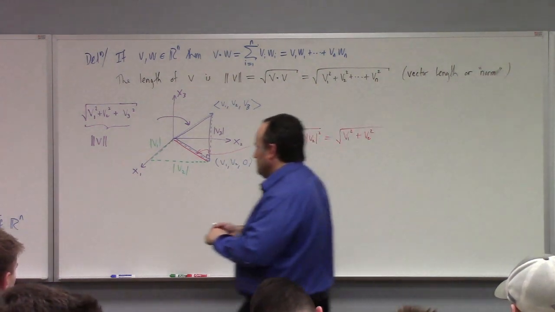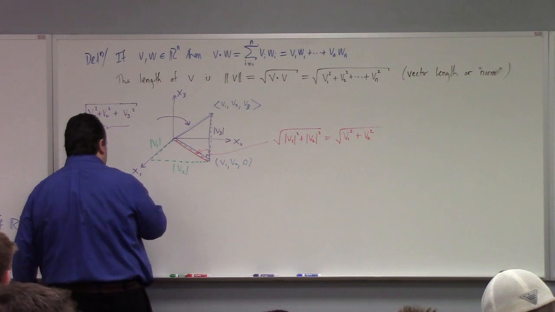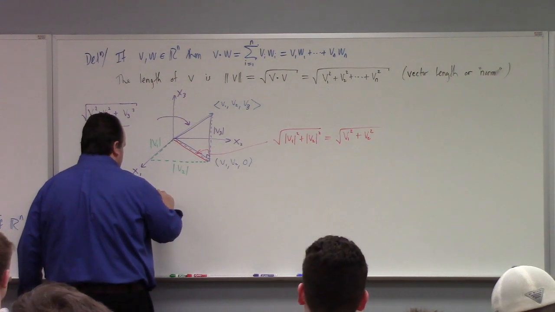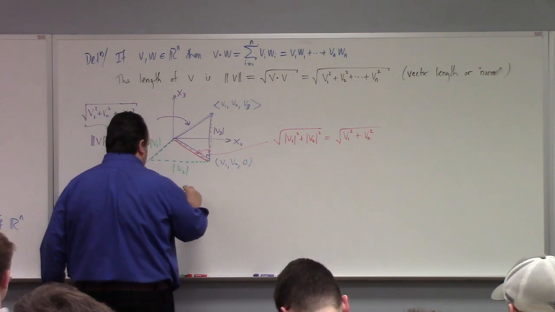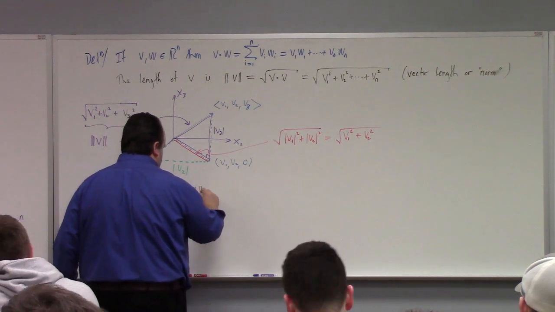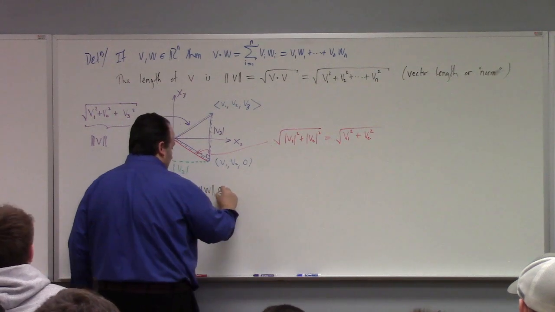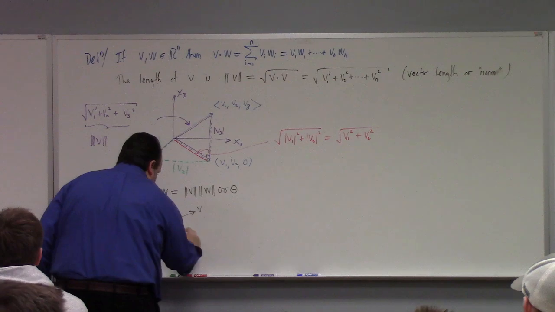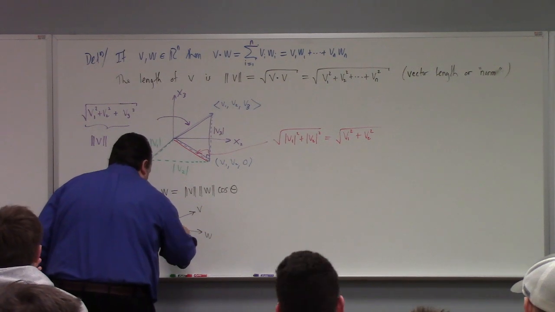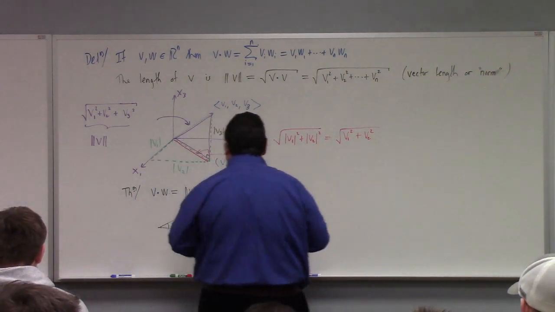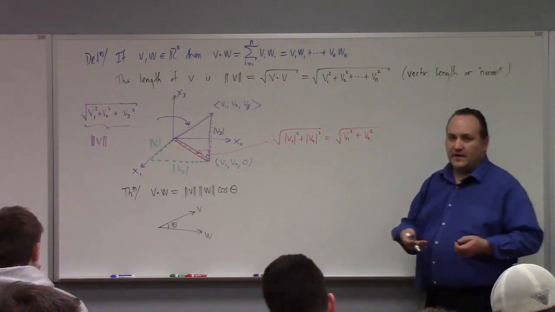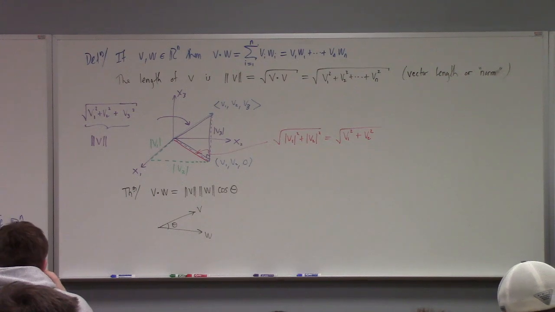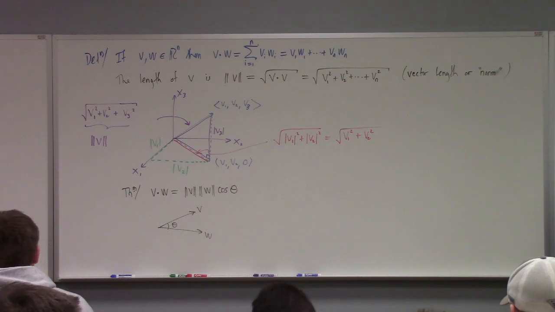So there's a theorem, which I won't prove, not today anyway, which is that V dot W is equal to the magnitude of V times the magnitude of W times the cosine of the angle between them. So we have this. If we wanted to calculate the angle between two like five-dimensional vectors, we could do it. We just calculate their dot product, calculate their lengths, and take an inverse cosine of an appropriate ratio.